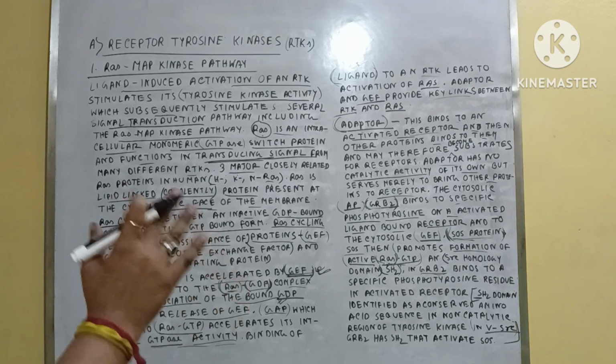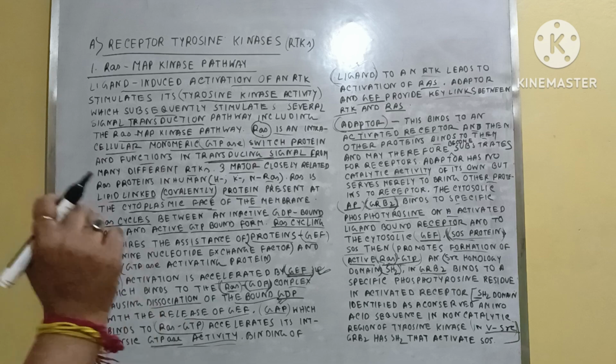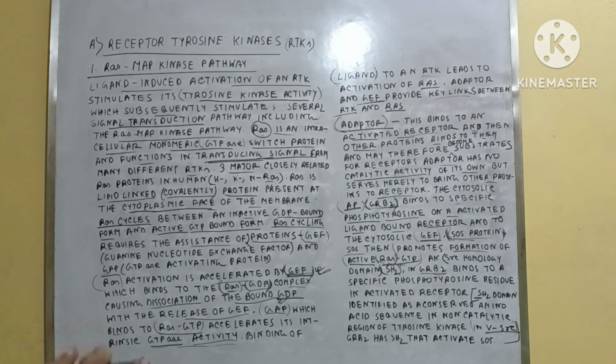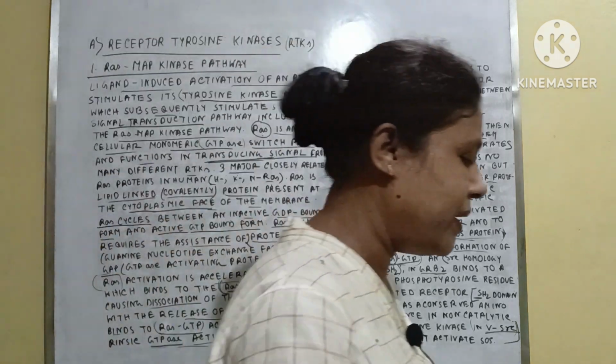If proteins bind with a receptor that is not activated, there is no signal transduction occurring. That means first the receptors have to be active, then proteins bind with that, they become active and continue the transduction process. Clear? So this is the RAS MAP kinase pathway.